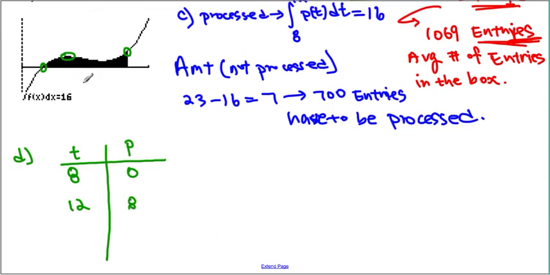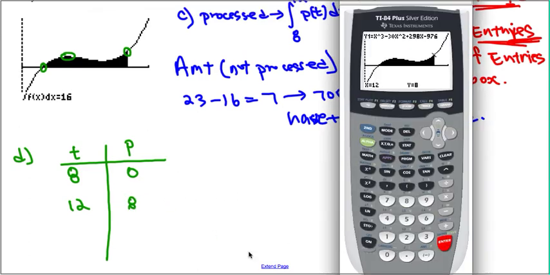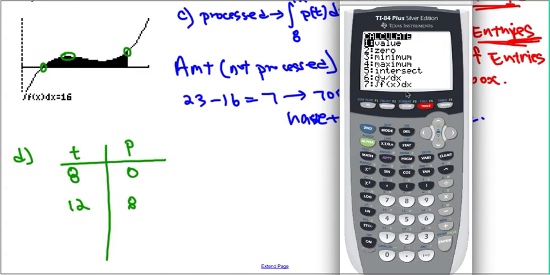Now, how about the highest point over there? In order to calculate it, we're going to go for the maximum, number 4. The left bound we're just going to call 8, because that's left of the value. For the right bound, let's just go for about 10. Let's look at it one more time. Second calc, maximum, number 4.